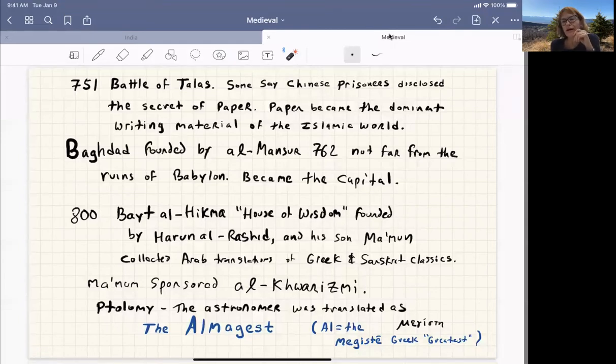So here are a few other interesting developments. In the year 751 was the Battle of Talas, and some say that Chinese prisoners disclosed the secret of paper. So paper became the dominant writing material of the Islamic world.